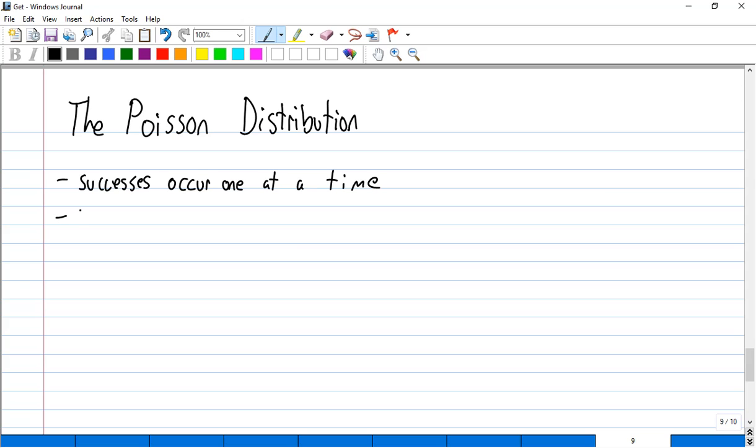So occurrences of a success in any interval is independent of the occurrence of a success in any other interval, is the way that your textbook puts this. But you can just say the Poisson does not have a fixed number of trials.